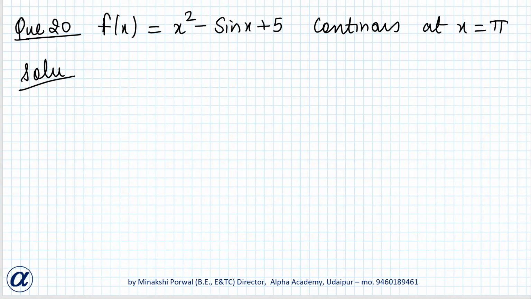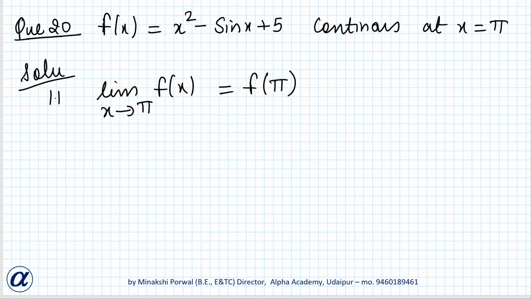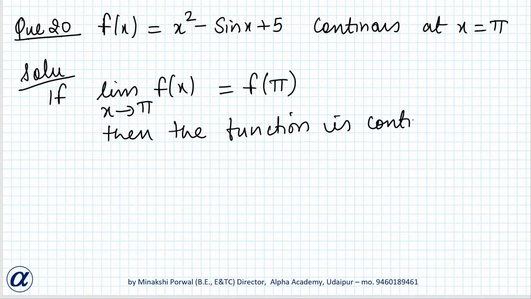At x = π we have to check. Basically, we have to prove that limit x tends to π of f(x) equals f(π). If this is equal, then the function is continuous at x = π.